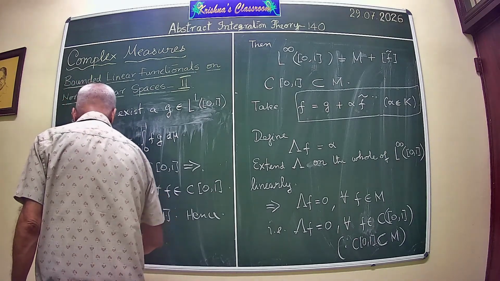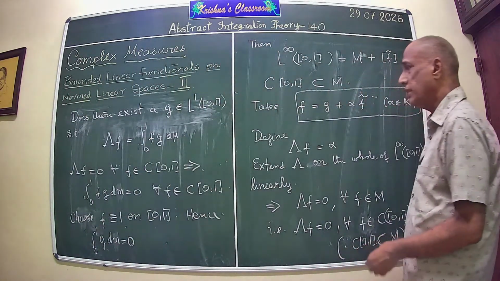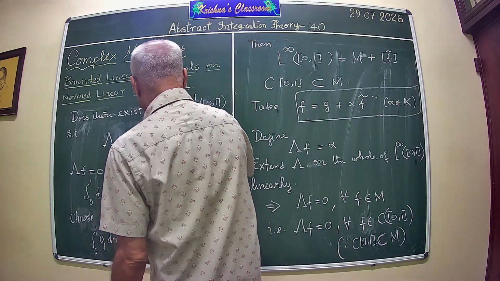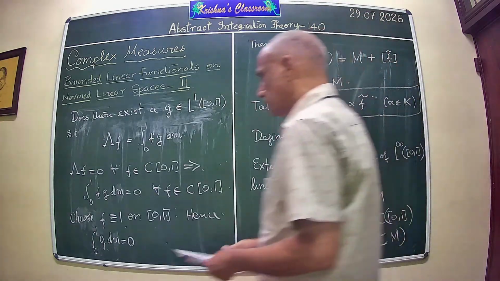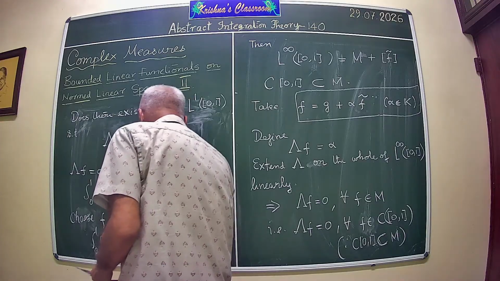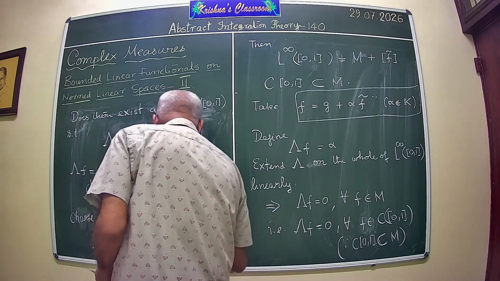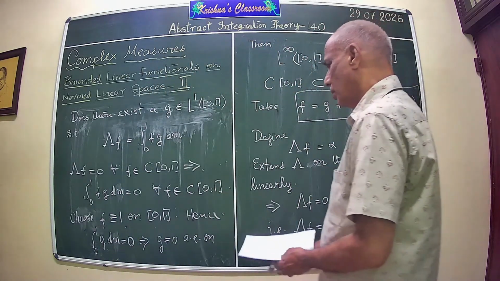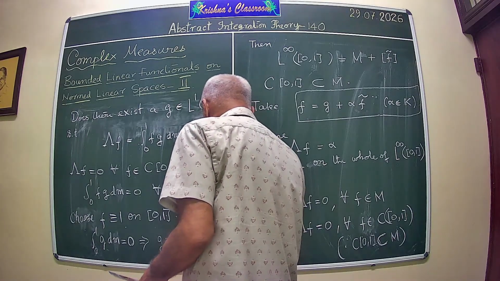This is the Lebesgue measure: the integral of G dm equal to 0. What does this mean? This implies G is equal to 0 almost everywhere on [0,1].